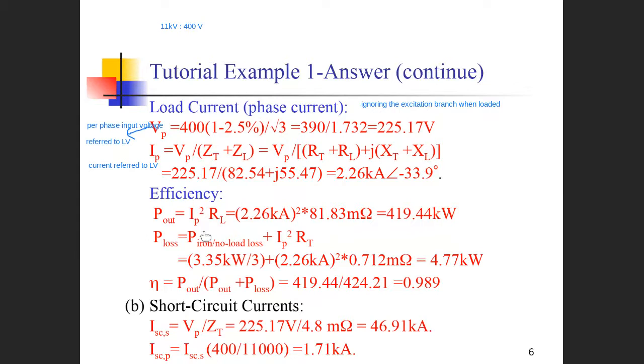Efficiency. Okay, so now we can estimate the output power. For the output power we can use the loading power in the calculation. So now we are using the per phase, right?